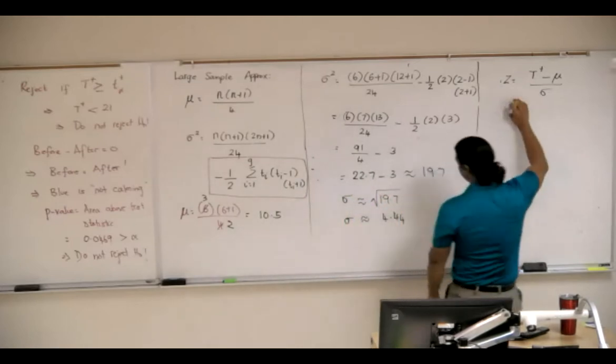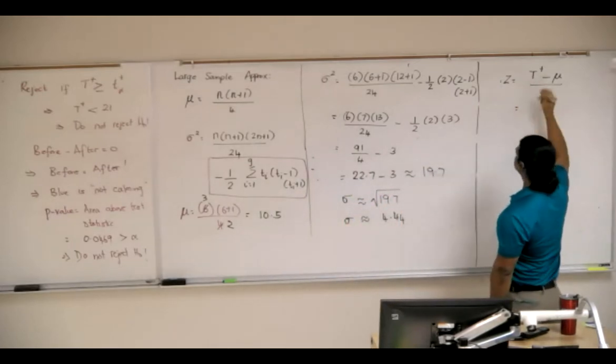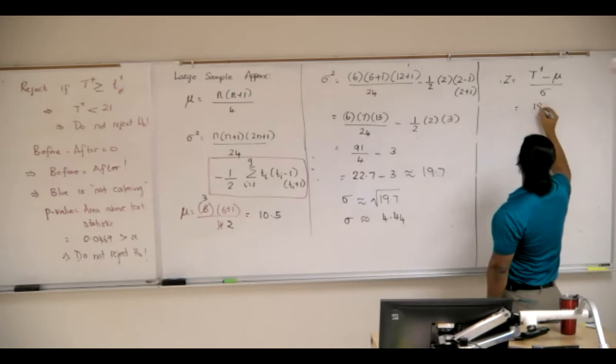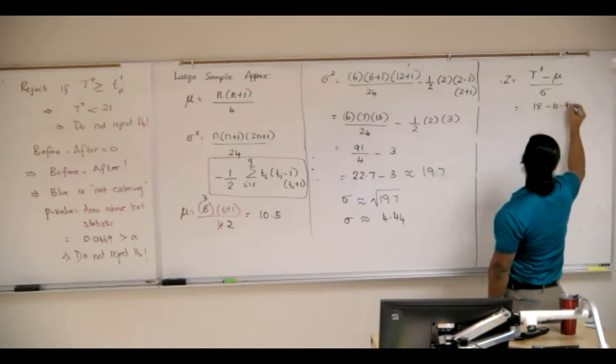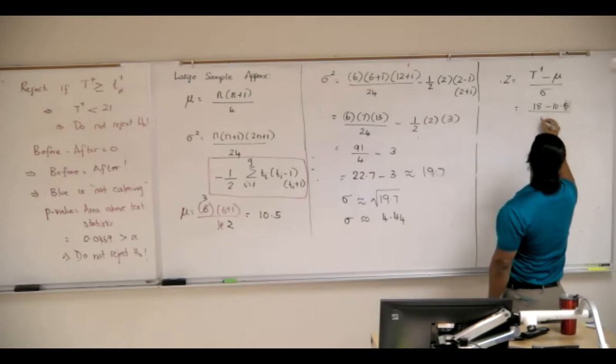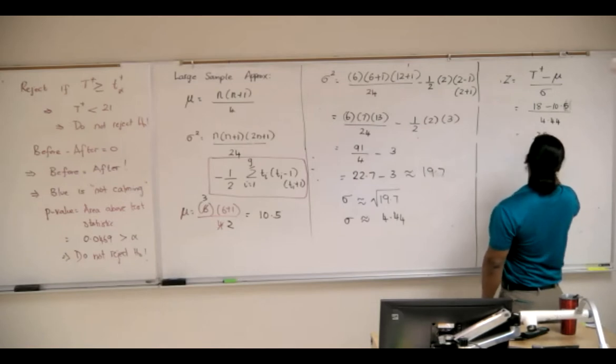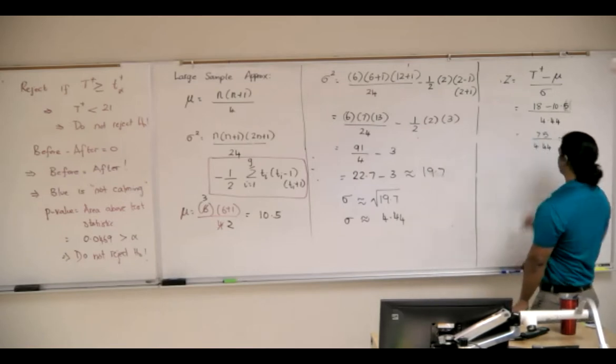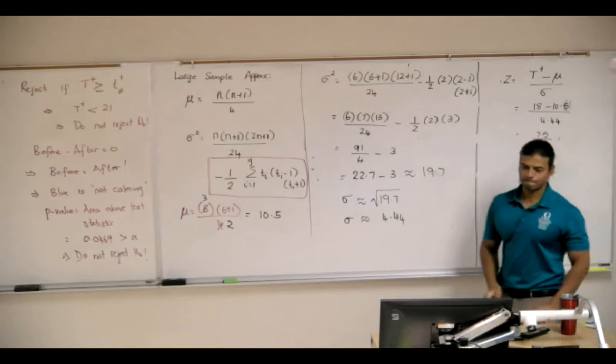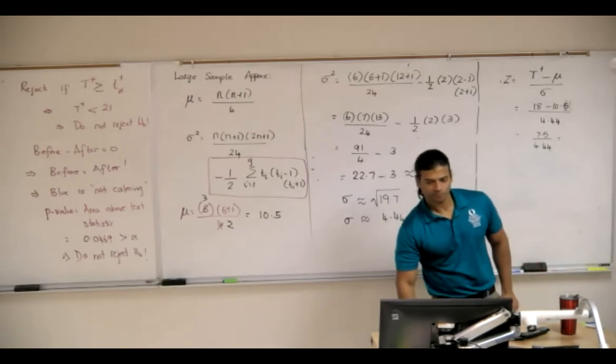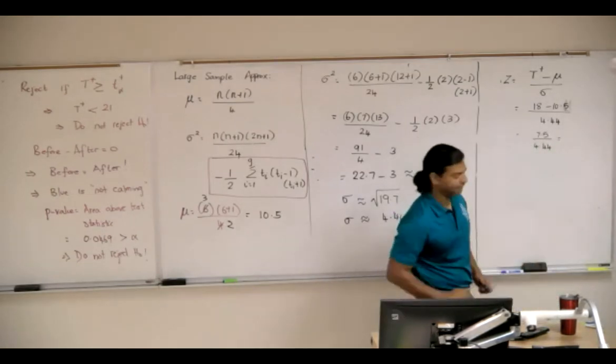Okay, now over here, T is 18 minus 10.5 divided by 4.44, which is 7.5 over 4.44. What do we get? 1.689.